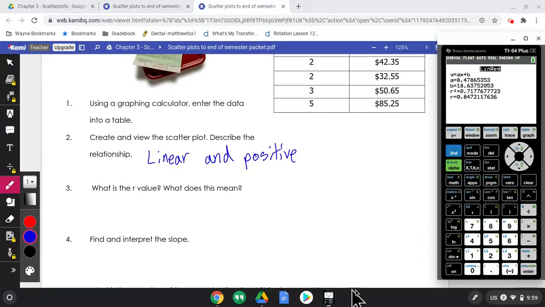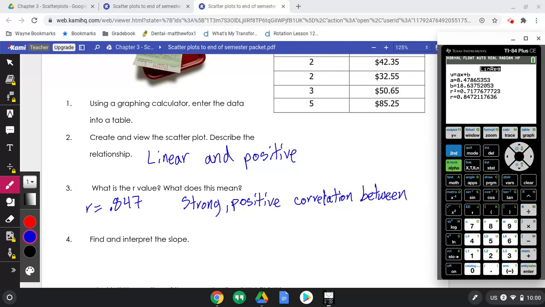So when we go over here, we're going to say that R equals 0.847, and then it is going to be a strong positive correlation between the number of people and the bill.